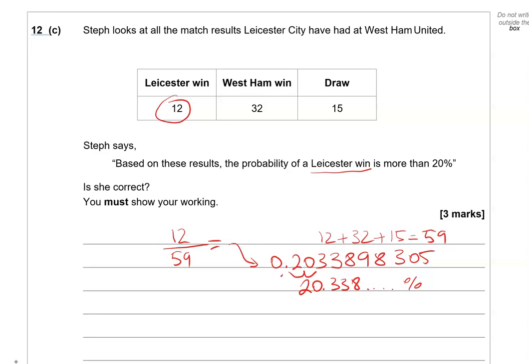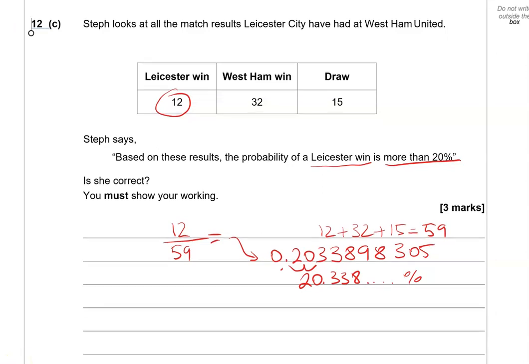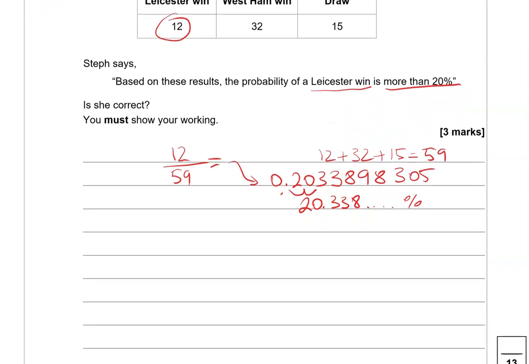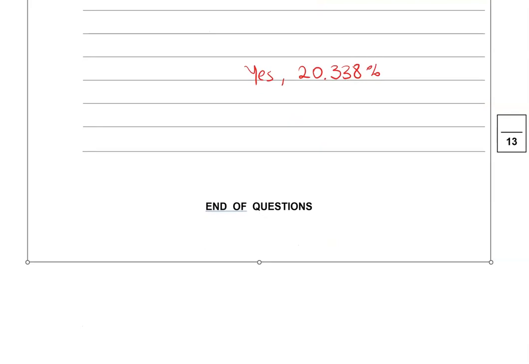So this is higher than 20%, it's more than 20%. And is she correct? Yes, she's correct. So we're going to say yes, 20.338%. And this is the end of the paper.